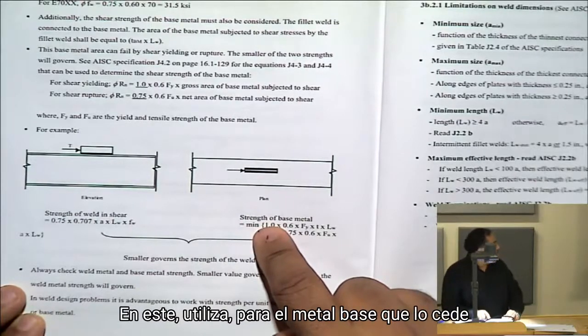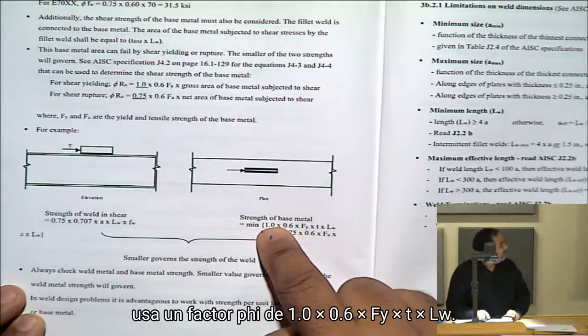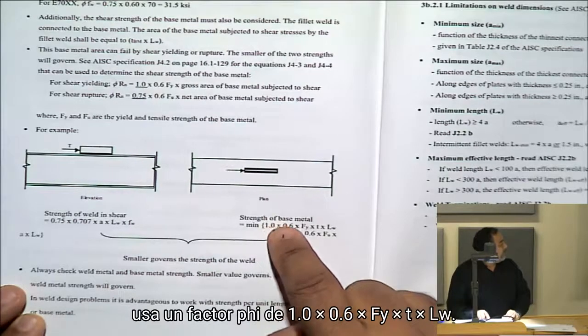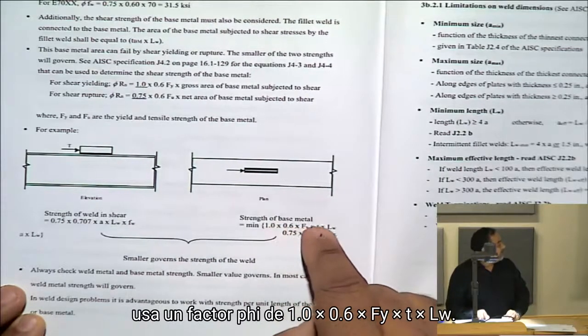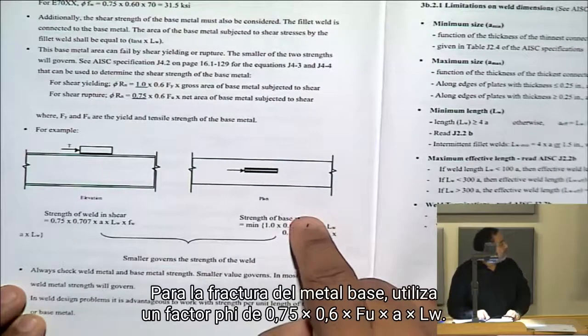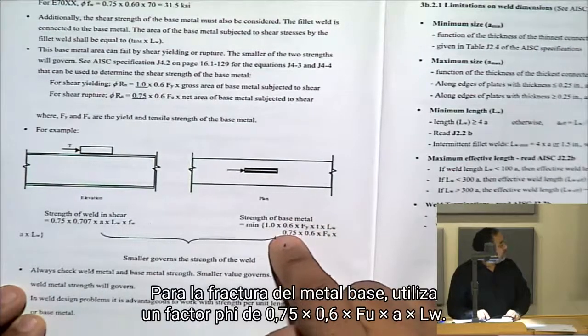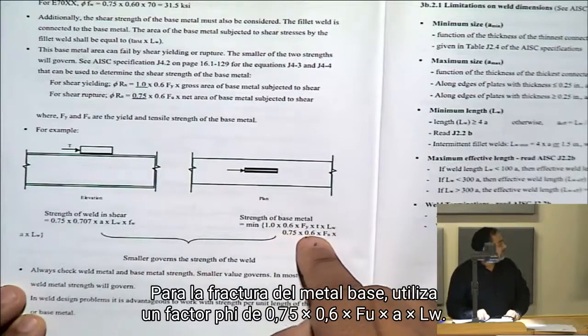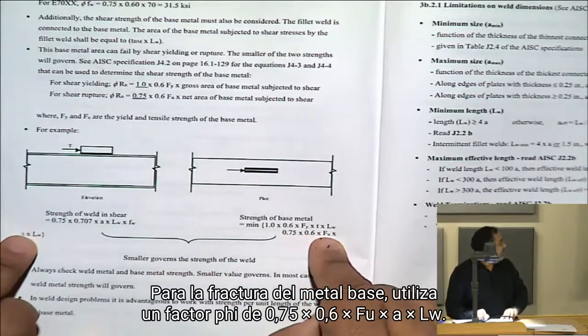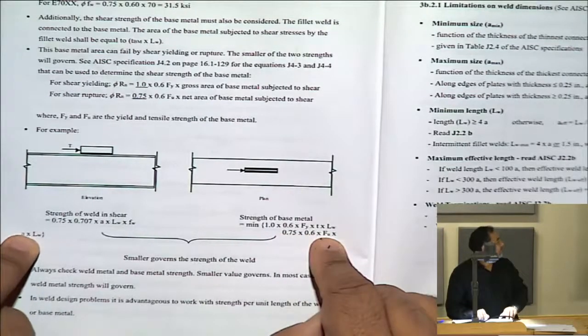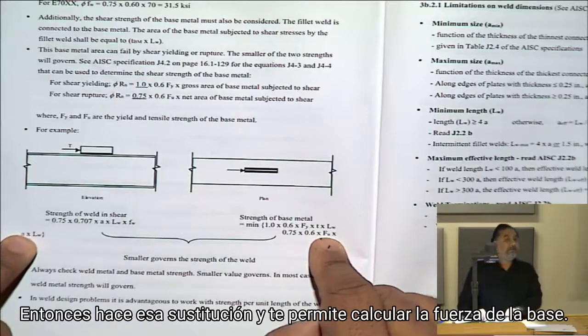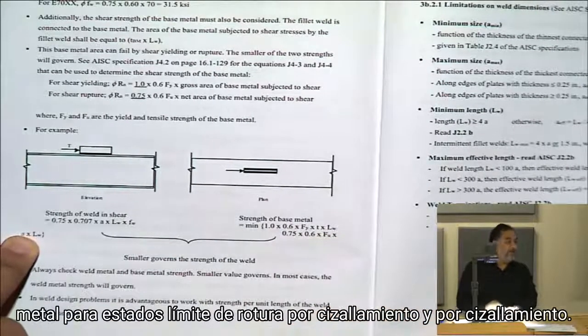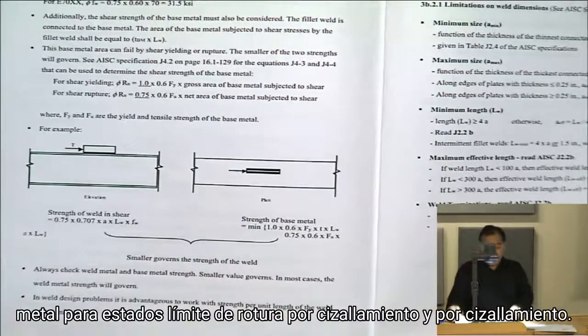For base metal yielding, it uses a phi factor of 1.0 times 0.6 times Fy times T times Lw. For base metal fracture, it uses a phi factor of 0.75 times 0.6 times Fu times A times Lw. So it makes that substitution and lets you calculate the strength of the base metal for both shear yielding and shear fracture limit states.